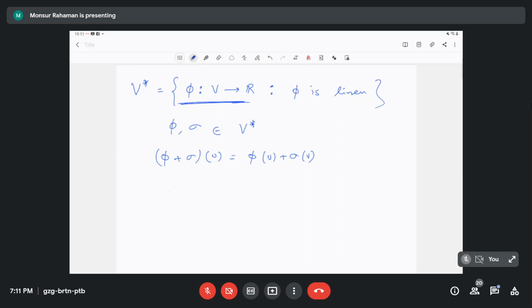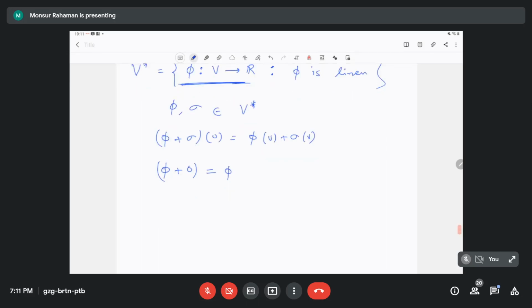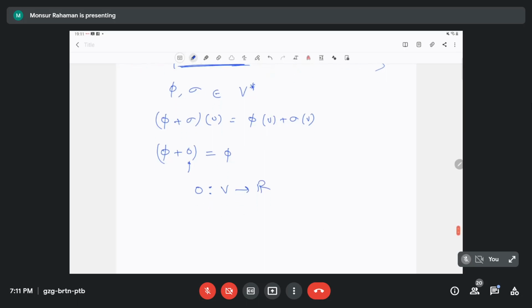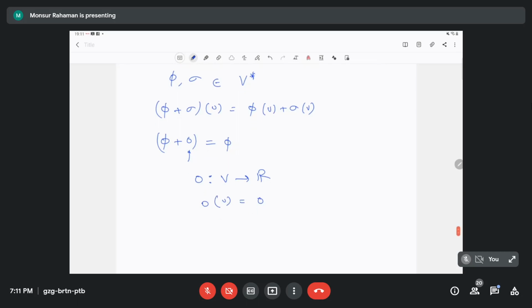You have to define a zero vector, meaning phi plus 0 has to be phi. So this is a zero linear functional, not a zero vector. How are you going to define it? Whatever vector v you feed it, it will always give result 0.